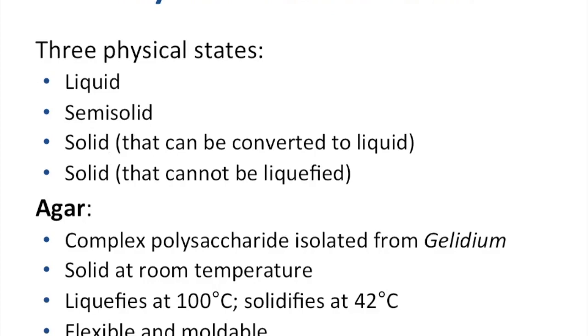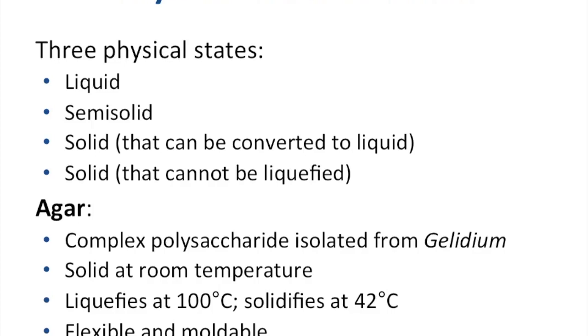The media can be liquid, semi-solid, or solid. For example, we widely use agar. Agar is one type of polysaccharide isolated from algae. We can order agar powder from the companies. We can mix the agar powder with water and then heat the agar solution so the agar can be dissolved in the water.